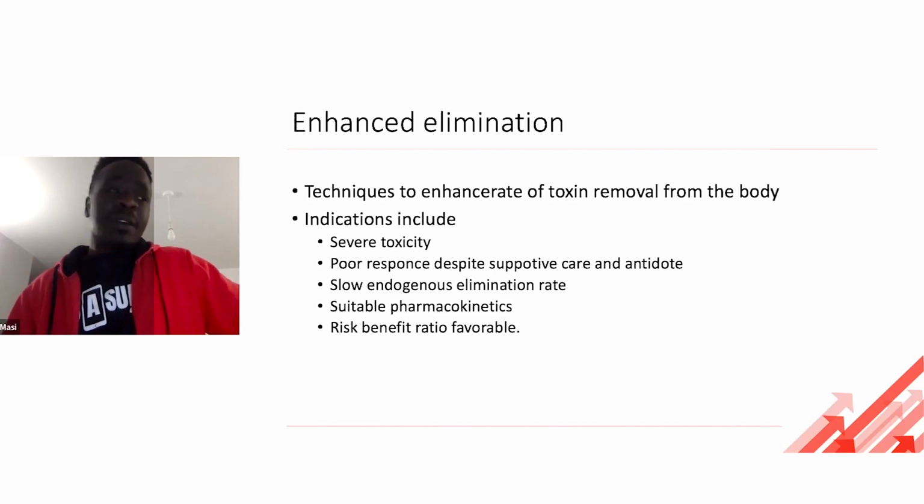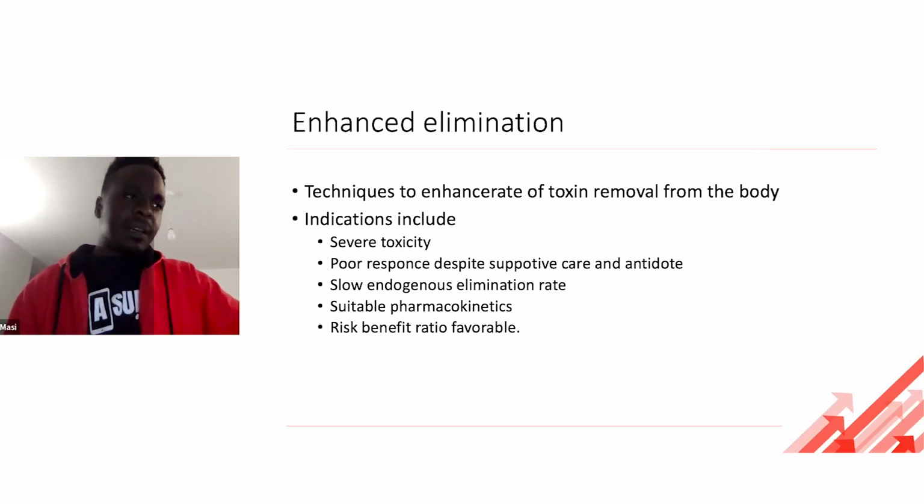The indication is where you have severe toxicity, a poor response to supportive care or the antidote, if you've given it, and if the toxin you're trying to remove has suitable pharmacokinetics for enhanced elimination. Remember, these things that we've ingested are chemicals, and we have to think about their chemical properties to enable us to remove them.